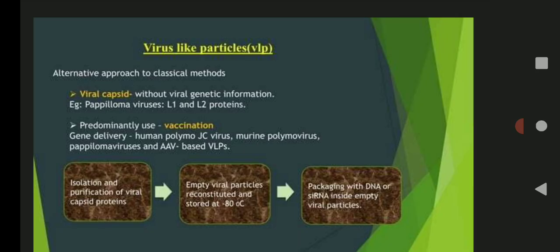Examples are gene delivery using human polyoma JC virus, murine polyoma virus, papilloma virus, and adeno-associated based VLPs. These capsid proteins are stored at minus 80 degrees centigrade.